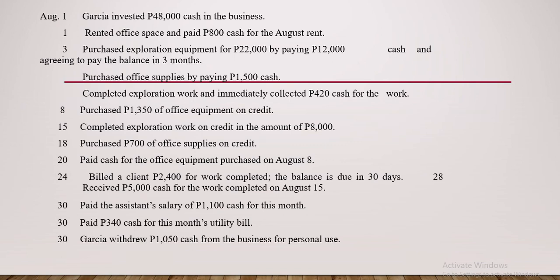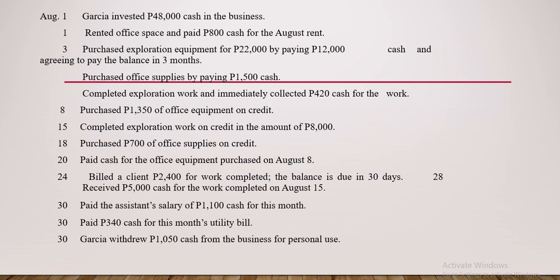August 3, purchased exploration equipment for 22,000 by paying 12,000 cash and agreeing to pay the balance in 3 months. Purchased office supplies paying 1,500 cash. Completed exploration work and immediately collected 420 cash for the work.